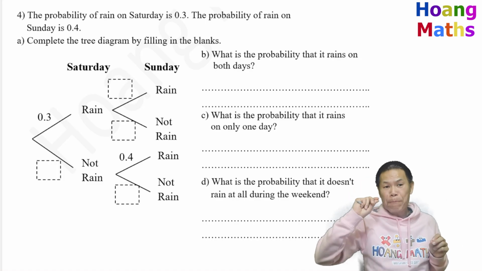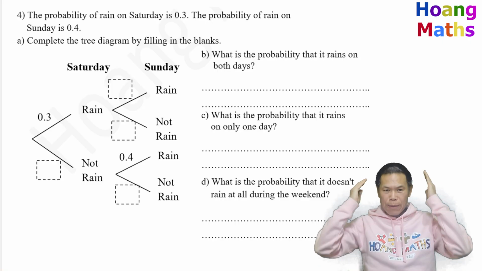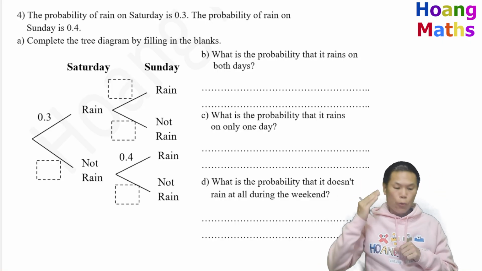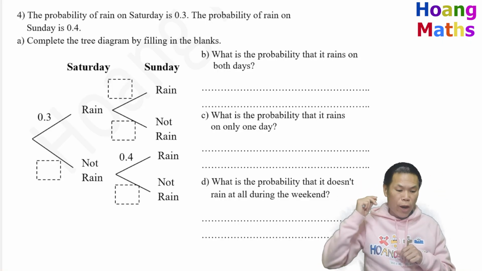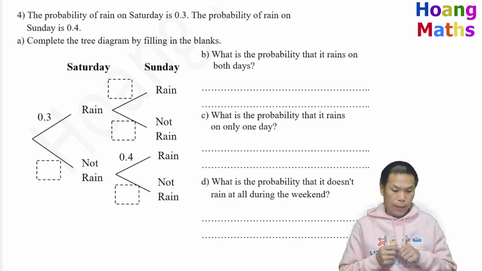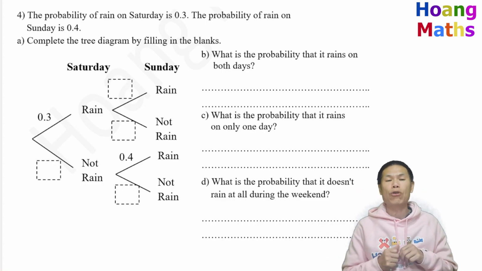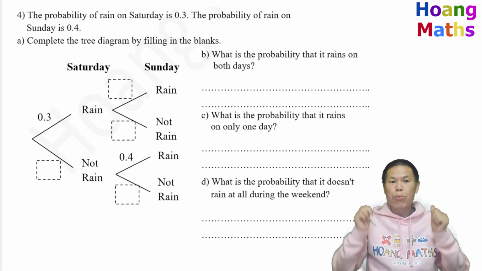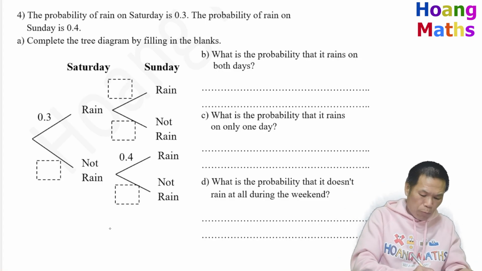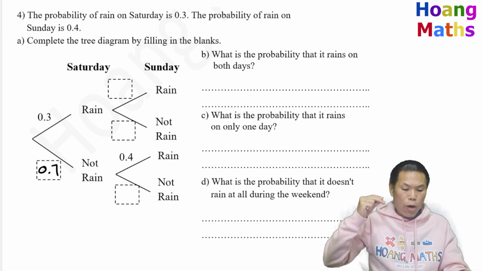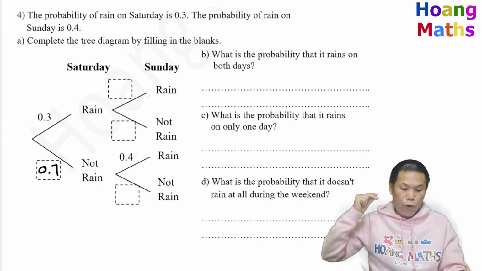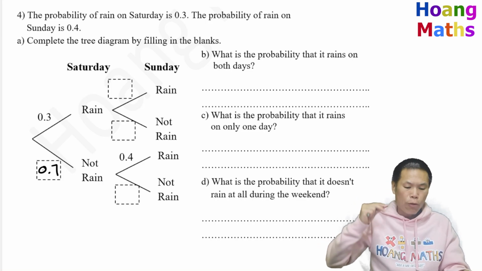Hi there, I'm back. How did you go? Let me go through it with you. So we know that the probability of rain on Saturday is 0.3. So not rain will be 1 minus 0.3, which gives me 0.7. So 0.7 here. And then the probability of rain on Sunday is 0.4.